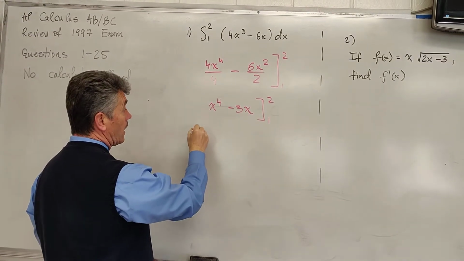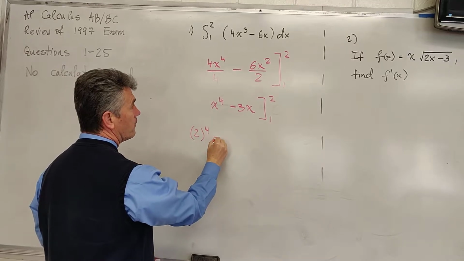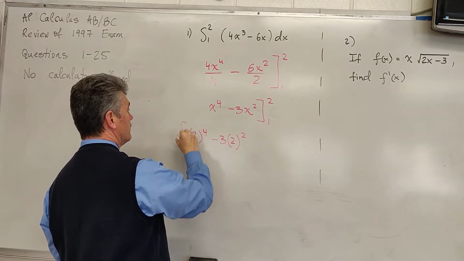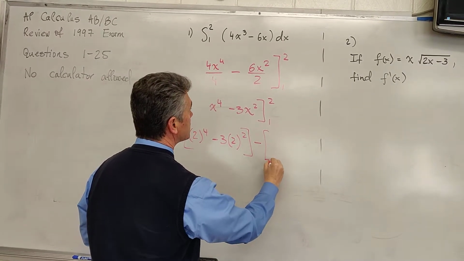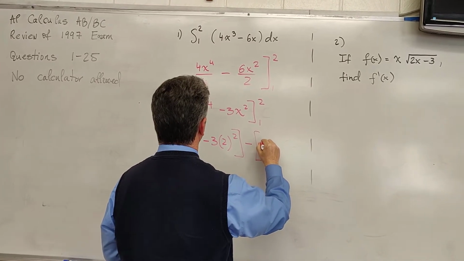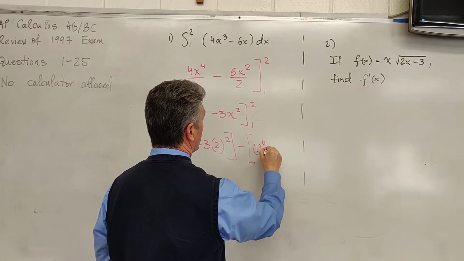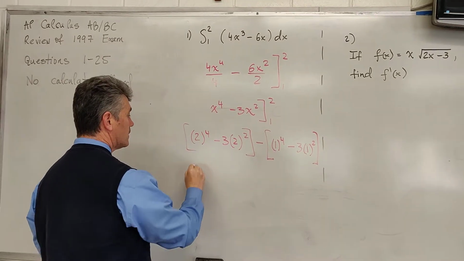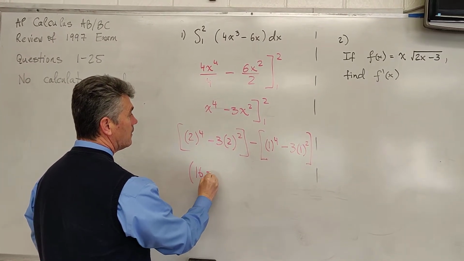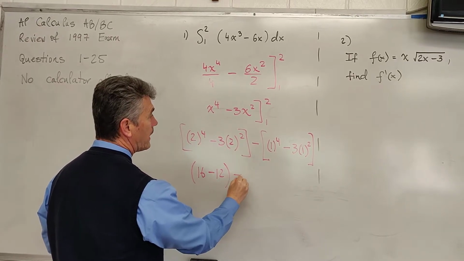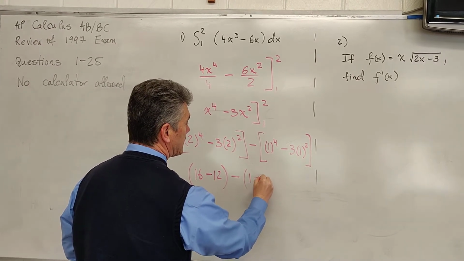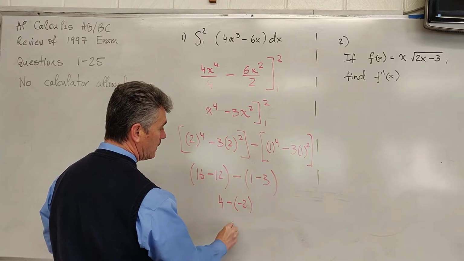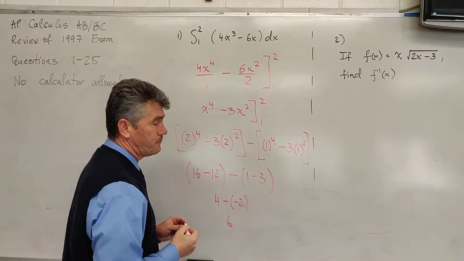We evaluate the function at 2, so this is 2 to the 4th minus 3 times 2 squared, minus 1 to the 4th minus 3 times 1 squared. This is 16 minus 12 minus 1 minus 3, 4 minus negative 2, which is just 6.